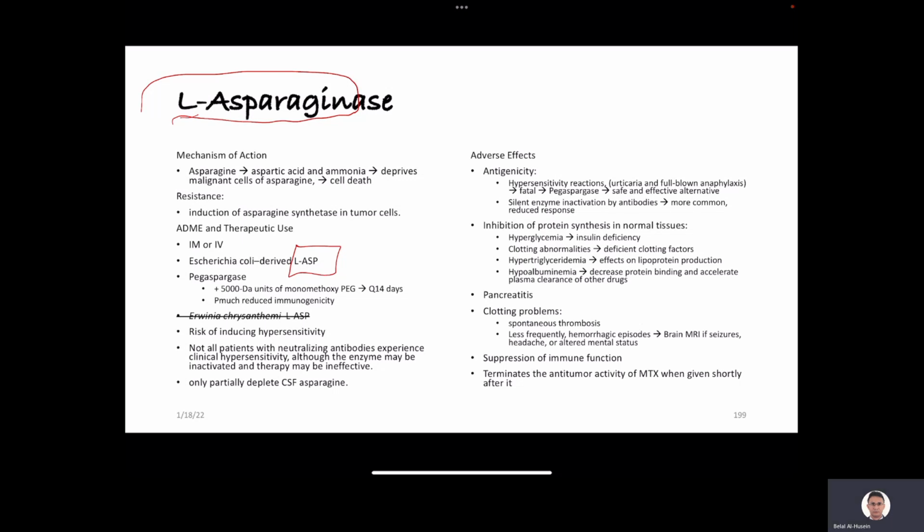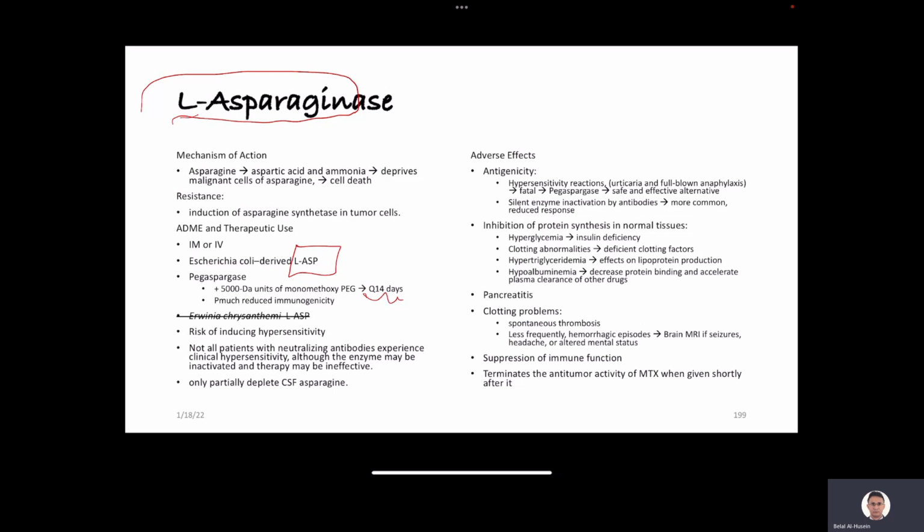On the other hand, PEG asparaginase has a polyethylene glycol group of 5 kilodaltons, or 5,000 daltons, of monomethoxy polyethylene glycol attached to the asparaginase. And this requires administration of the drug only every 14 days.